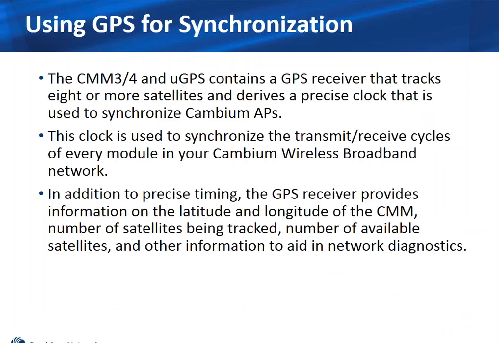You can read through the rest of this on your own, but in general, I think we're aware now of what these type of devices are that actually connect to our access points, receive GPS information, derive a precise timing clock, and feed that timing clock to all the access points to be able to allow those access points to universally synchronize their TDD cycles, and thereby operate in a synchronized, harmonious mode. All right, next slide.